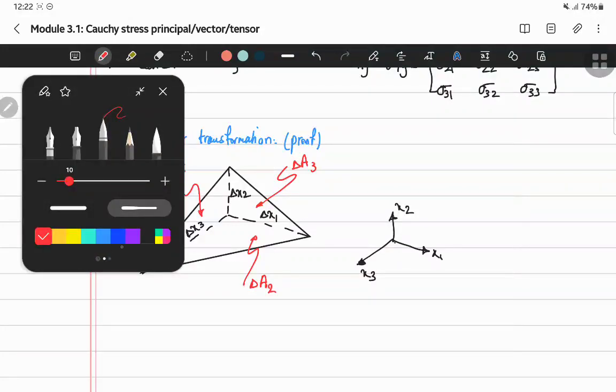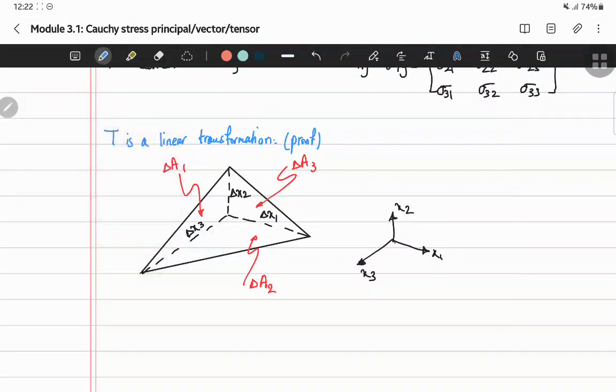All right, so we also defined the normals in here. The normal in this direction is T, so this is N negative. So here we have T E3 negative.